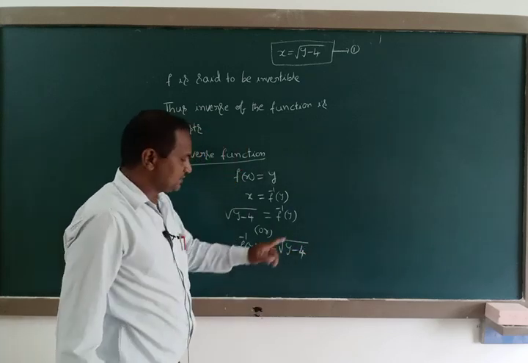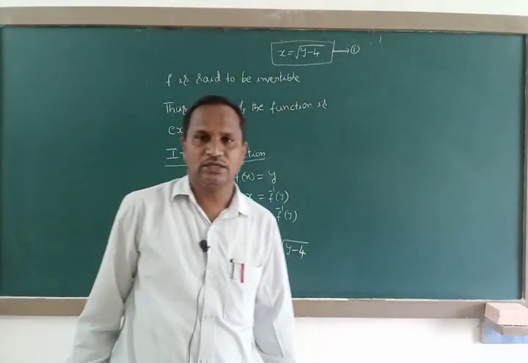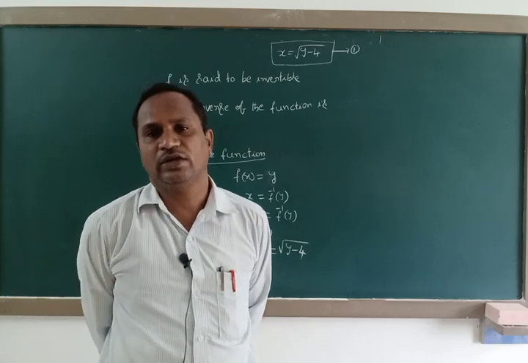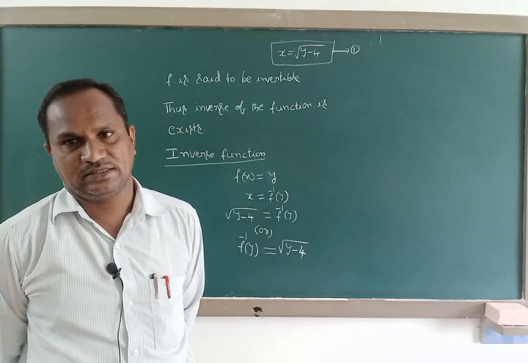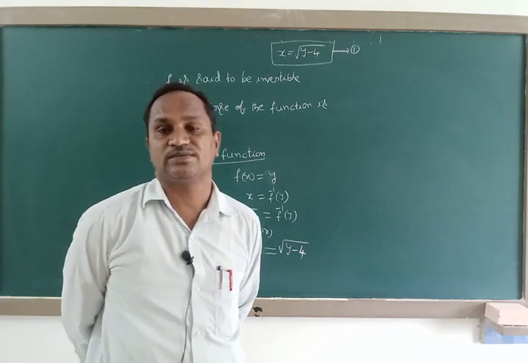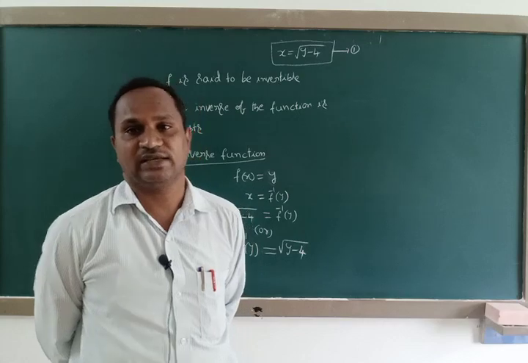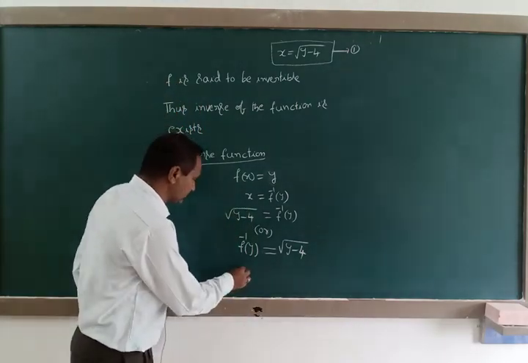In terms of y, we got the inverse function f inverse of y is equal to square root of y minus 4. But actually, they asked the problem in terms of x, and they gave the problem also in terms of x. That's what we need, the inverse function in terms of x. Simply we can write x in place of y like this.